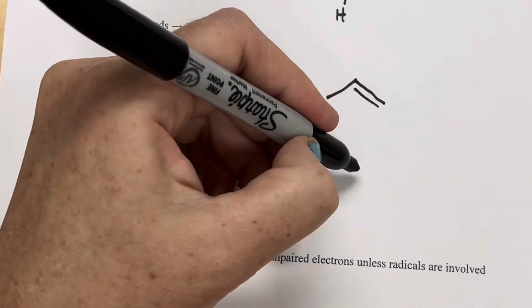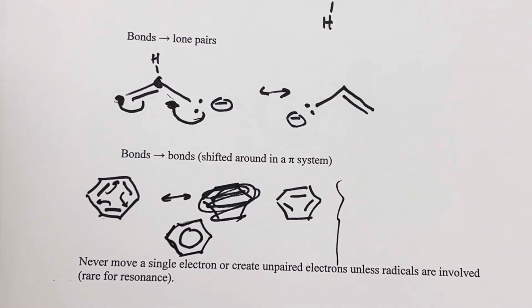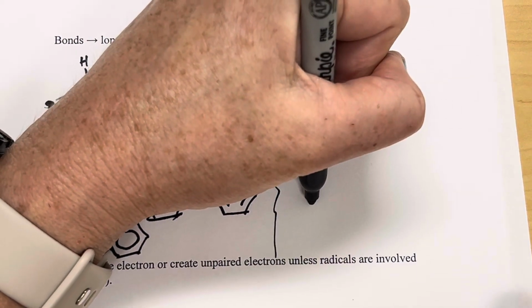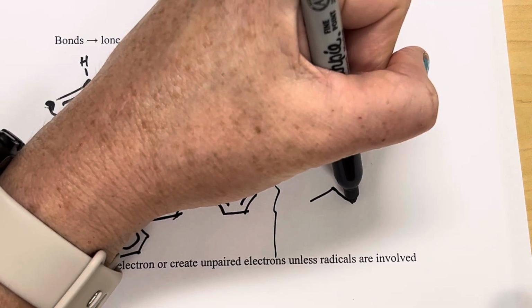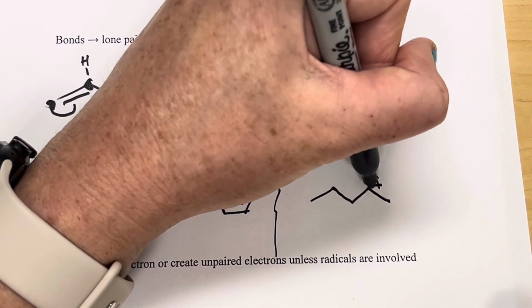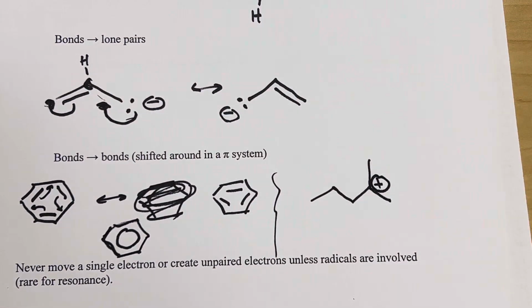The other example I was going to give you, just so you can see it, would be if you have, let's say, something with a positive charge, and this is really common, where you'll have a cation.